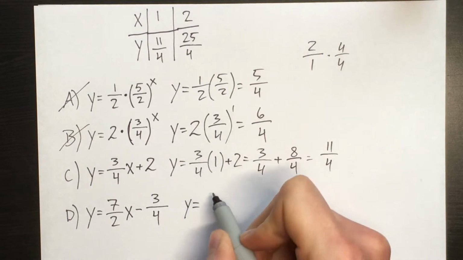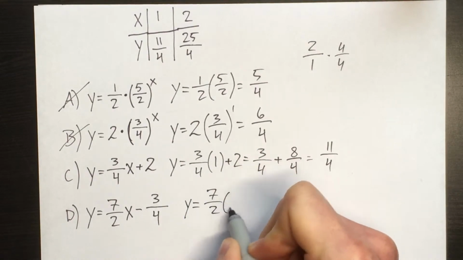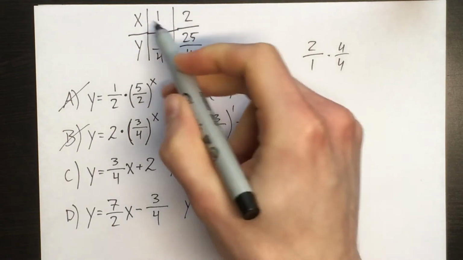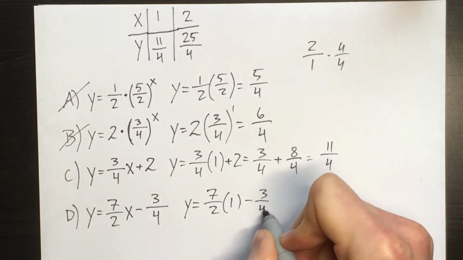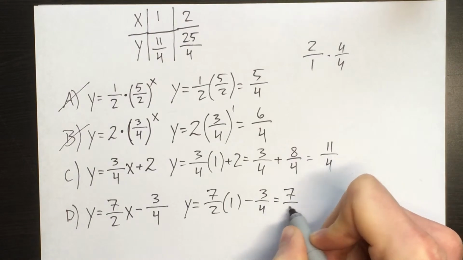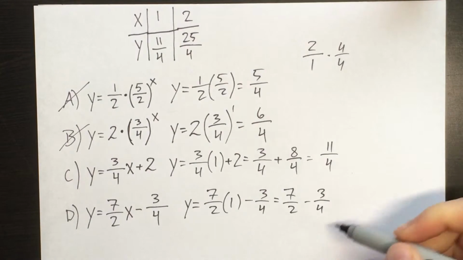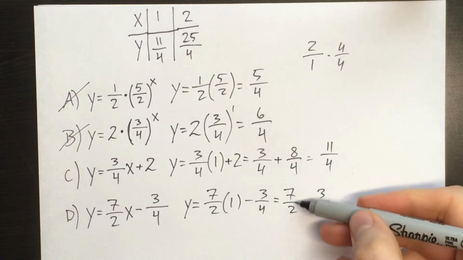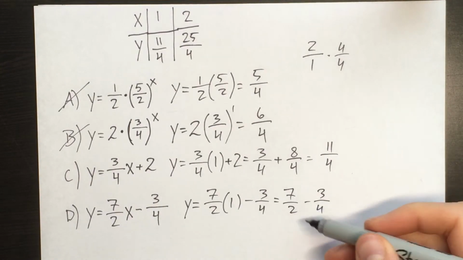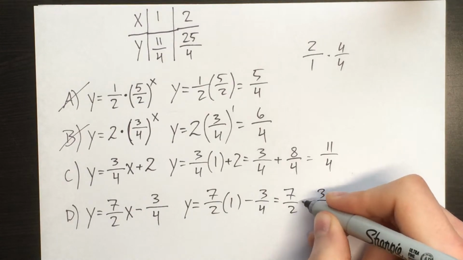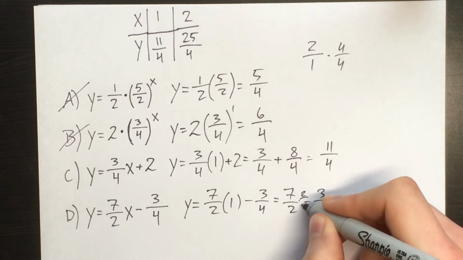Let's check D. So 7 over 2 times 1, because that's what we're still testing, right? Minus 3 over 4, so that's just 7 over 2 minus 3 over 4. To combine these fractions, I want to put this one with a denominator of 4, and I can do that by multiplying the top and bottom by 2.